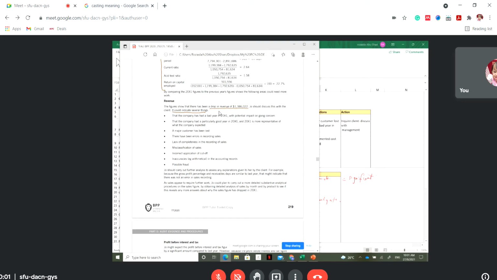Okay, so this is what happens when you understand the client's business and industry. So this you perform at the planning stage. So the company has had a bad year in 2000X1 with potential impact on going concern.